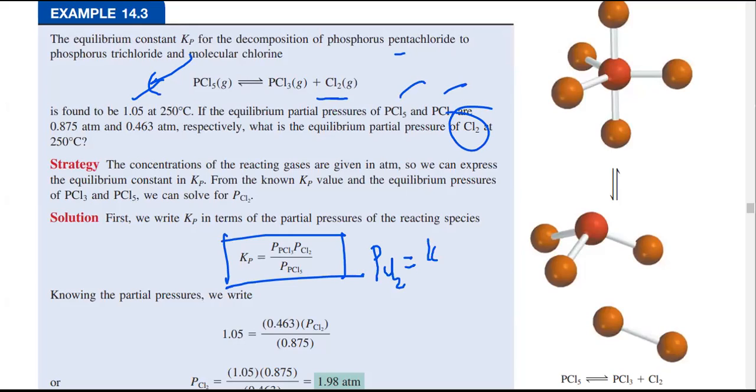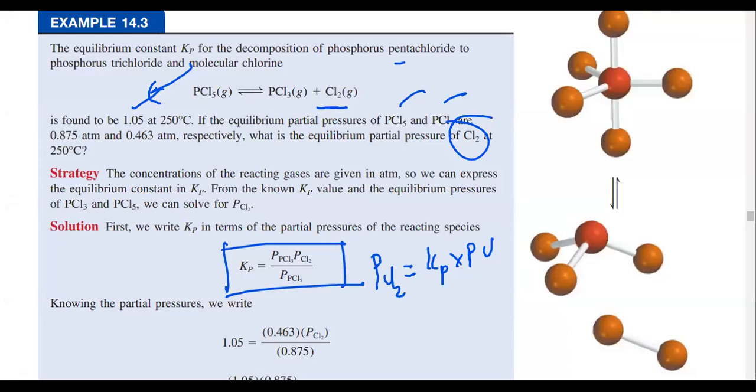That is Kp into partial pressure of PCl5, divided by partial pressure of PCl3.